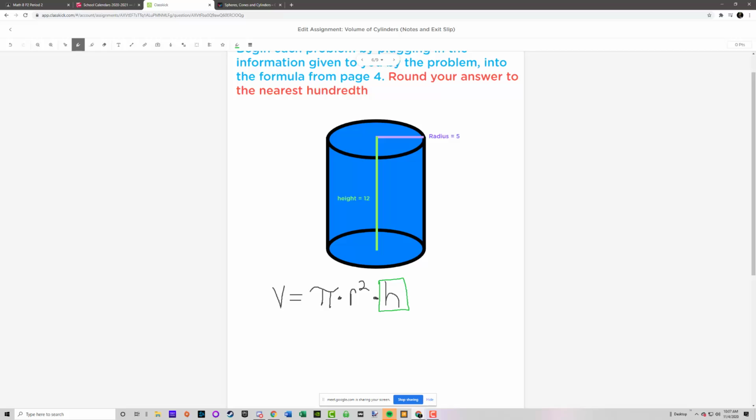Remember, H stands for height. Yes, we're going to plug in 12 because the problem tells us that the height of this cylinder is 12.